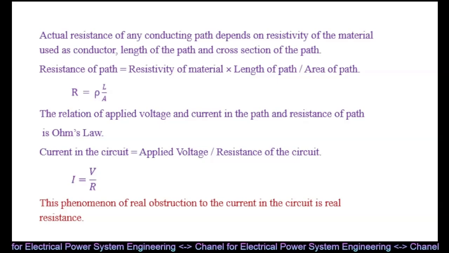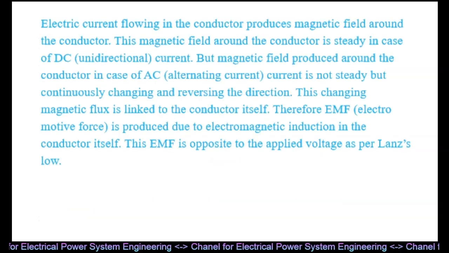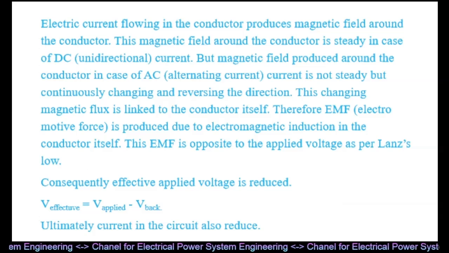The phenomenon of real obstruction to the current in the circuit is real resistance. Electric current flowing in the conductor produces a magnetic field around the conductor. This magnetic field around the conductor is steady in case of DC, unidirectional current.